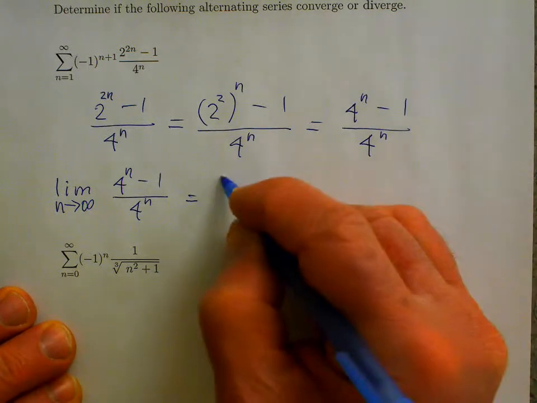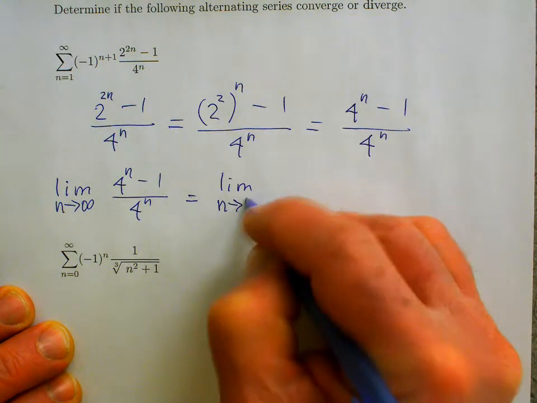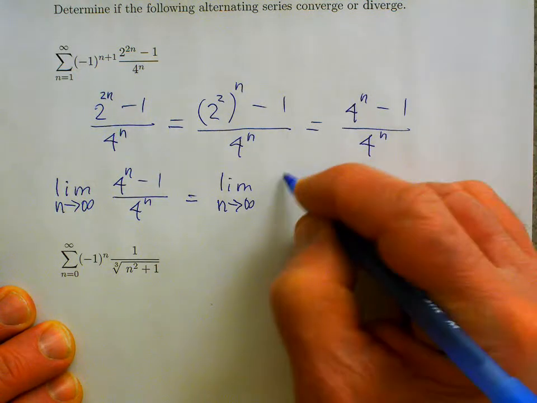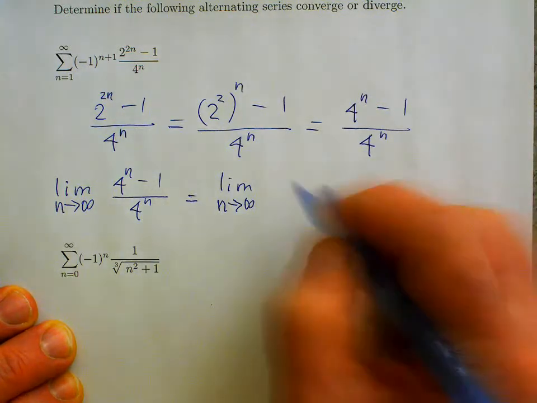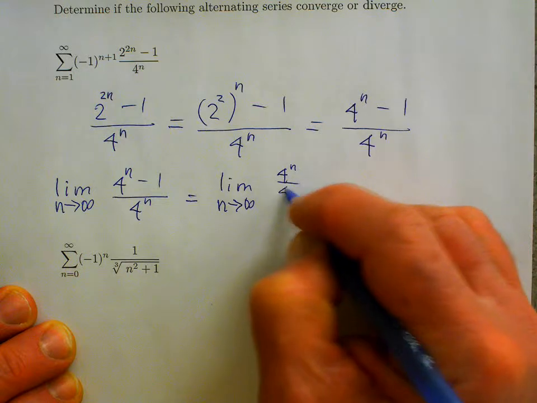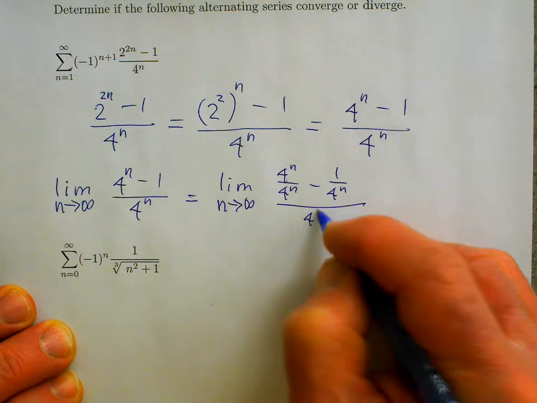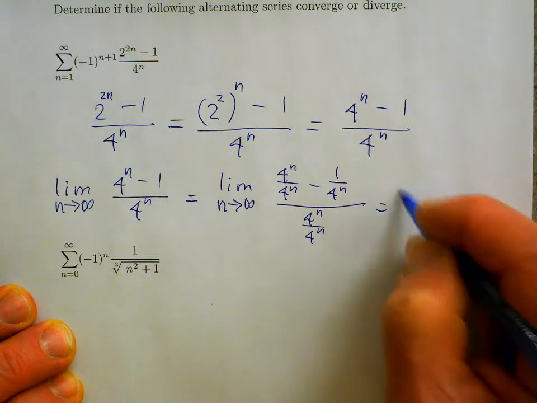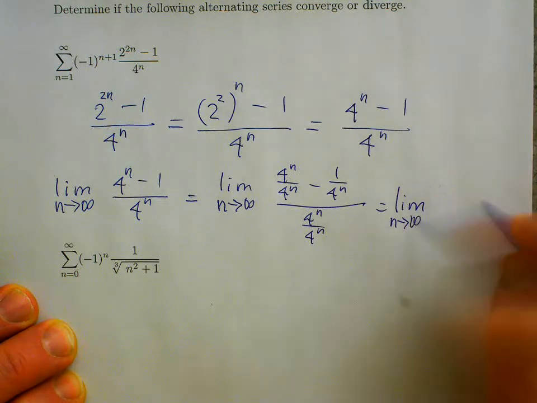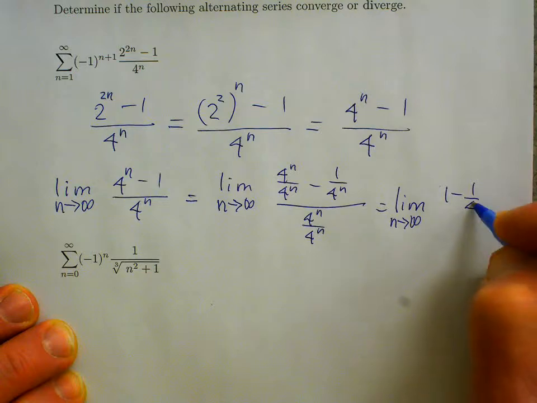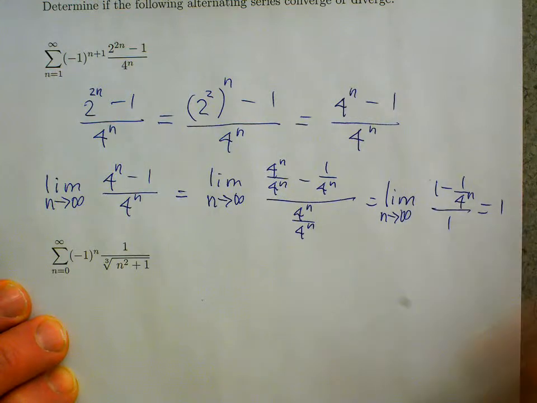We can use the technique: we multiply that expression by 1 in the form 1 over 4 to the n divided by 1 over 4 to the n, or equivalently, divide every term in the numerator by 4 to the n, divide the denominator by 4 to the n, and we get the limit as n approaches infinity of 1 minus 1 over 4 to the n over 1. This limit is equal to 1.